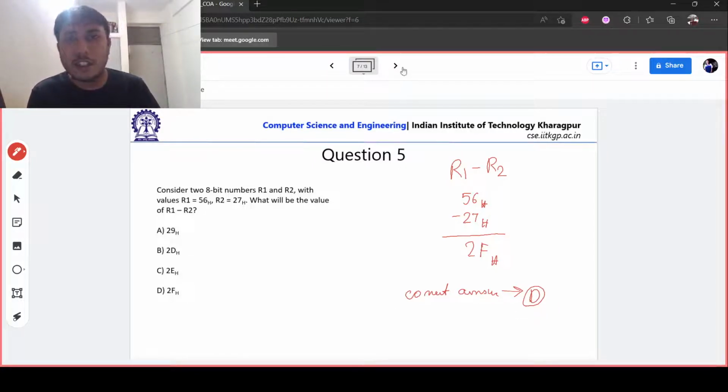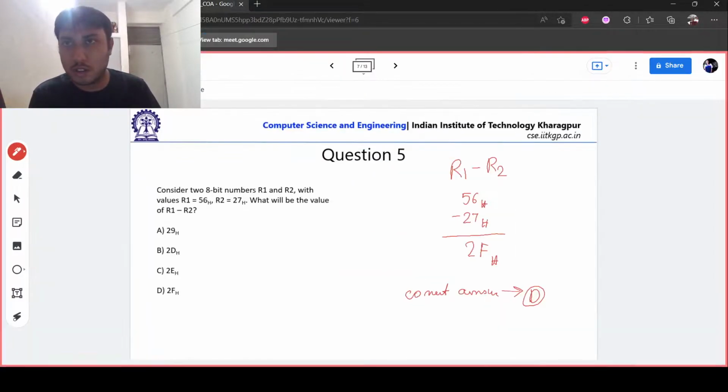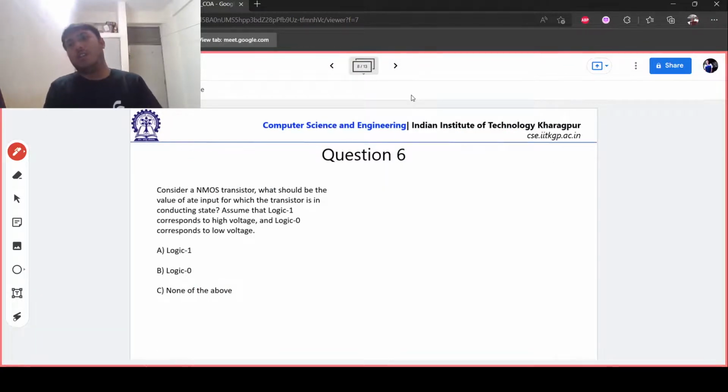Fine. So now let's go to the next question. So consider an NMOS transistor. What should be the value of the input for which the transistor is in conducting state? Assume logic 1 corresponding to high voltage and logic 0 corresponding to low voltage.